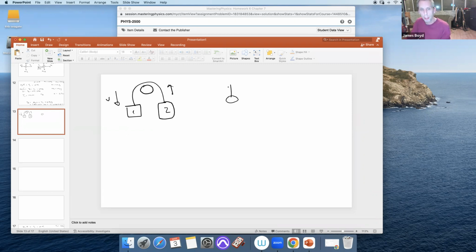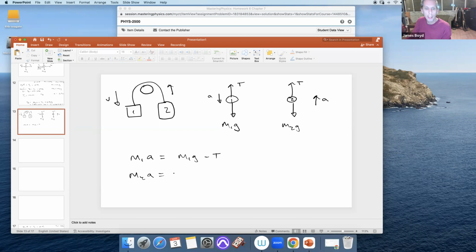If I look at my free body diagrams, there's tension in the rope and M1g with a down, and tension in the rope and M2g with a up. I get M1a is M1g minus T, and M2a is T minus M2g.